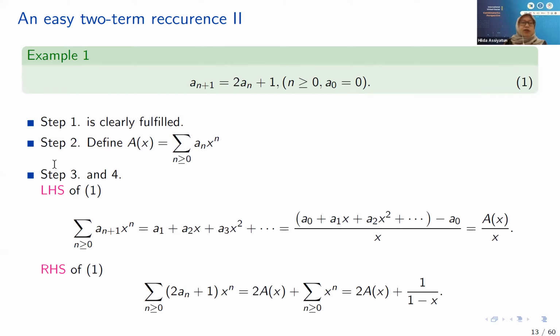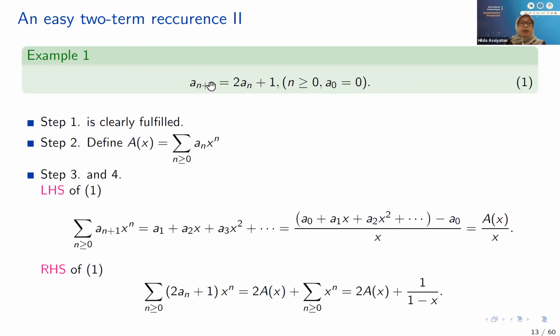Then we define a function A(x) as our generating function. A(x) equals this power series with our sequence as the coefficients.